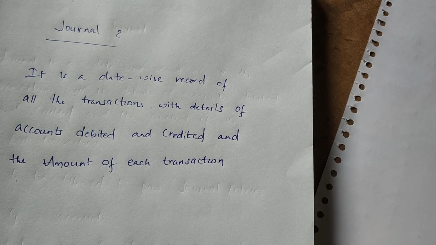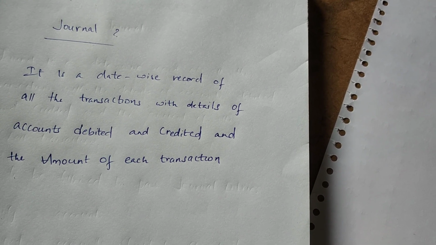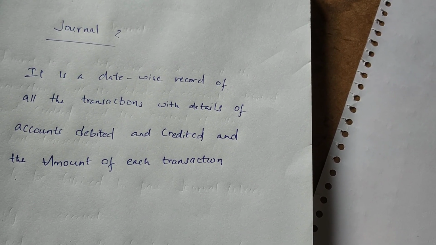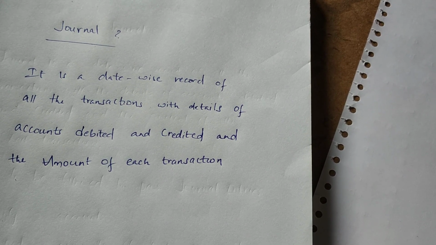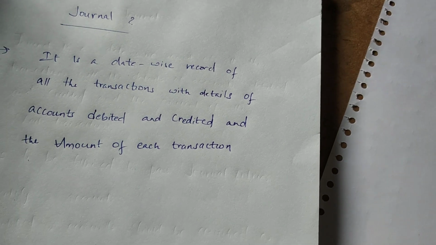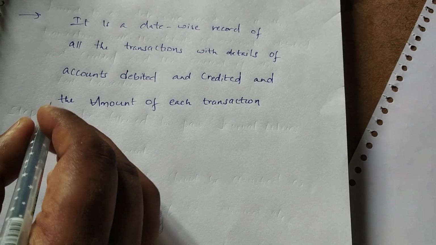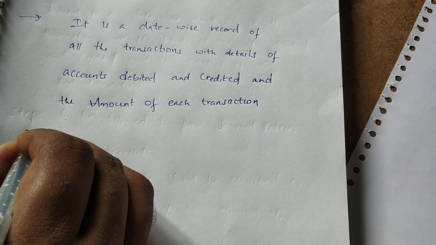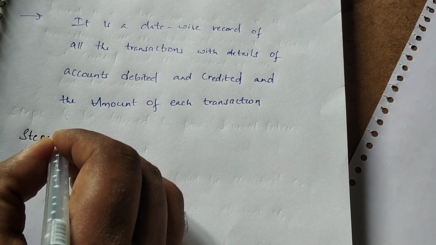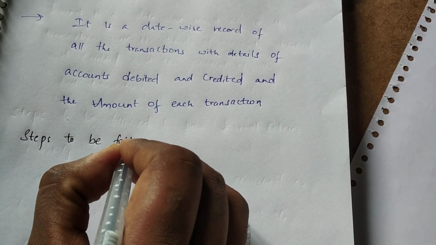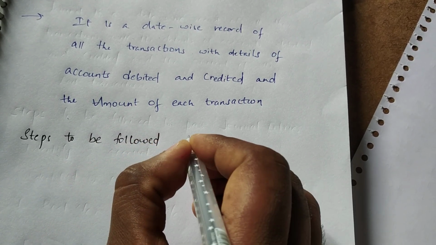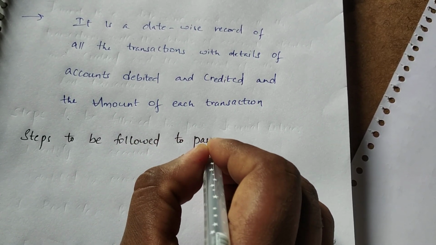Now, in order to pass the journal entry, we have to follow certain steps. I am going to explain what those steps are. Very easy concept, just put a little bit of attention here so that we can understand the steps. Steps to be followed to pass journal entries.